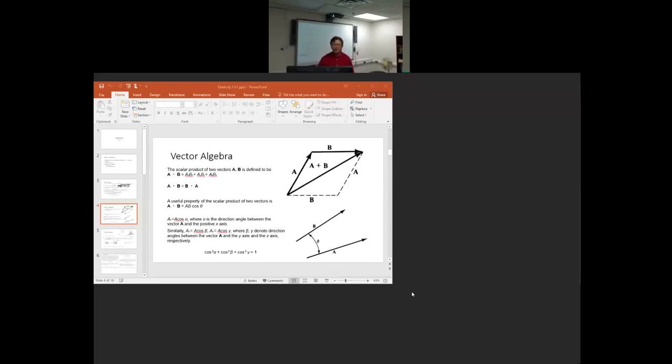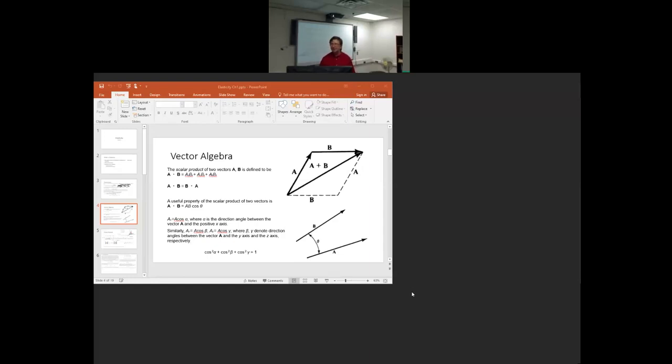So the scalar product can be calculated using magnitudes of A and B and cosine of the angle between them. Vector A could also be expressed using so-called direction cosines. The alpha, beta, gamma we usually indicate as direction cosines, which is the angle between the vector itself, or line of action of the vector, and the coordinate x, y, z, starting from the line of action going through the origin of this Cartesian coordinate system.